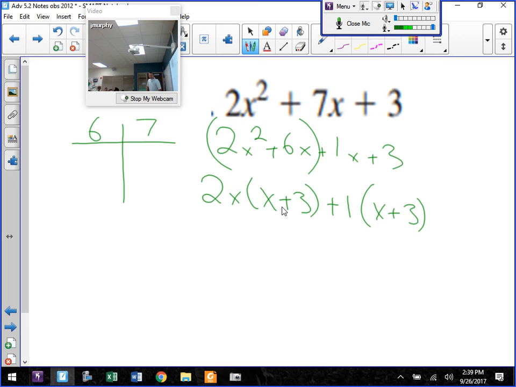Is x plus 3 the same thing in both parentheses? Looks like it to me. And we're left with? Hey, what would change if I had an equal 0 here? What are your zeros then? Negative 3 and negative half. Very good. Okay. And that's where we're going.